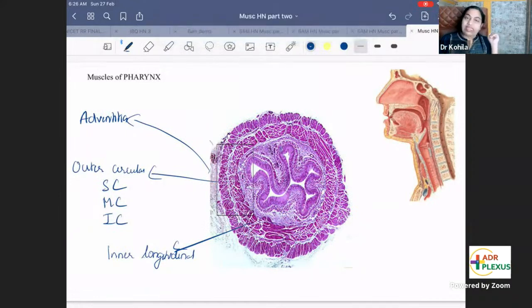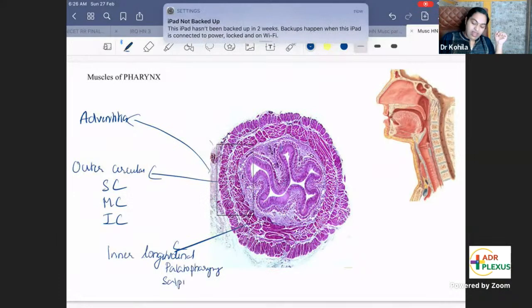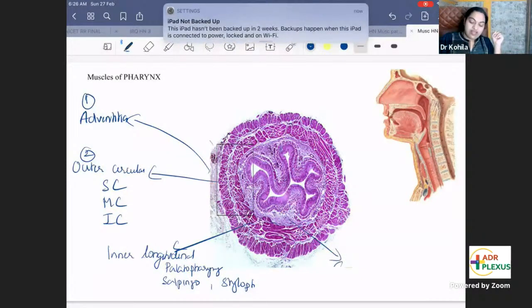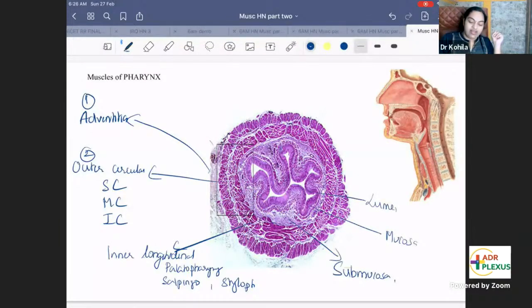The inner longitudinal muscles are also 3 in number. What are they? Already you have seen palatopharyngeus, salpingopharyngeus, and stylopharyngeus. So we saw the adventitia, then the muscle layer. Inner to the muscle layer is the submucosa, and last, the mucosa, which lines the lumen of the pharynx. Now, one word about each layer.